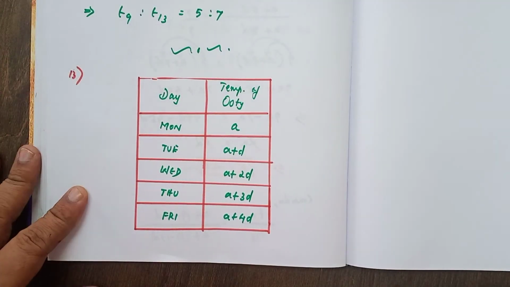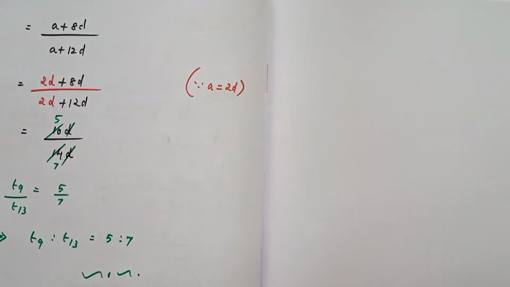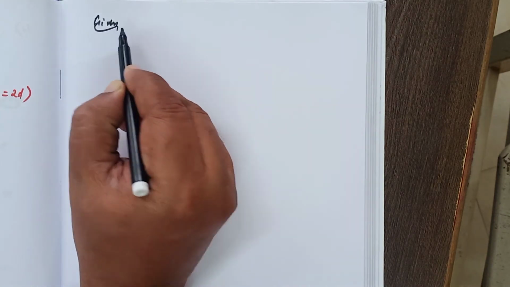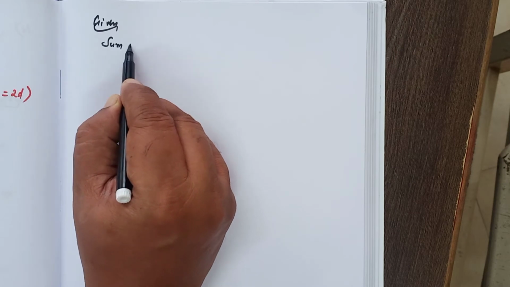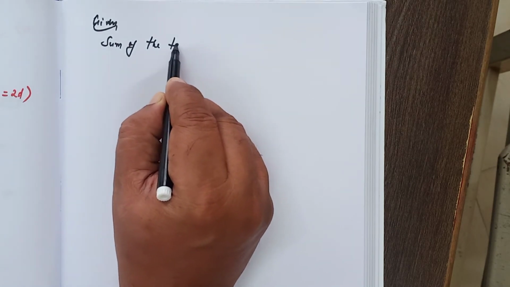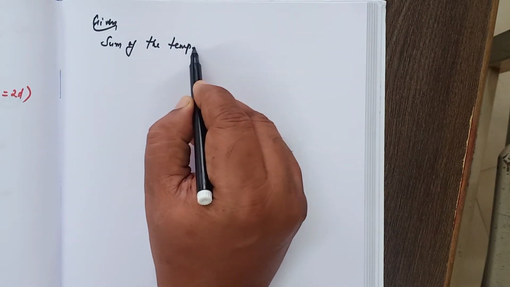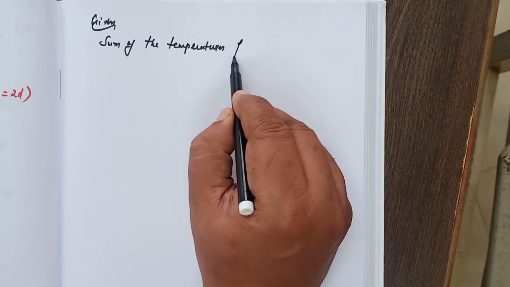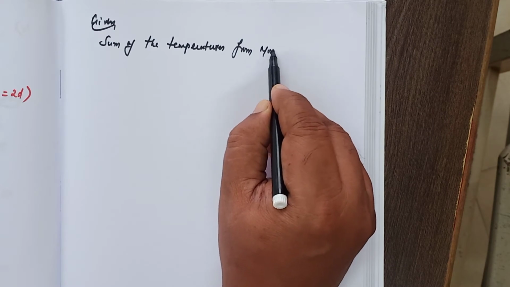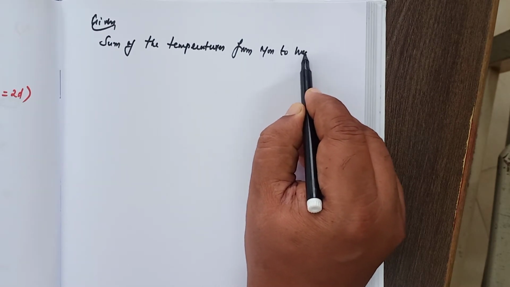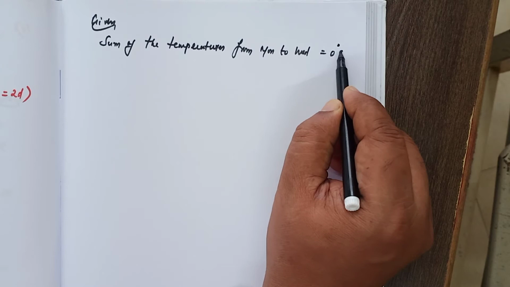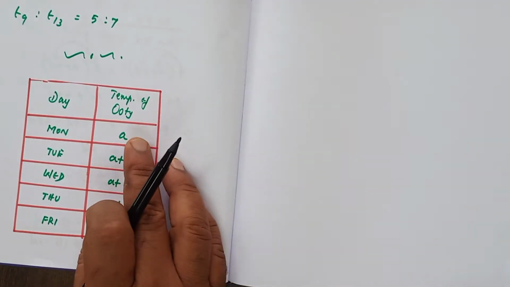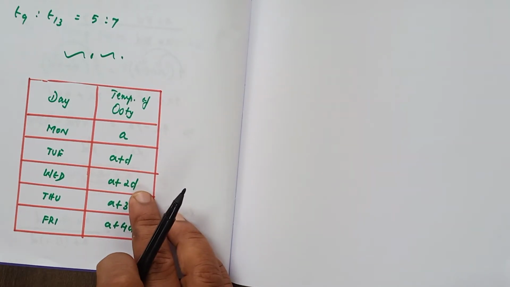So by data, given sum of the temperatures from Monday to Wednesday is equal to 0 degrees Celsius, which implies for Monday temperature A, Tuesday A plus D, and Wednesday A plus 2D.